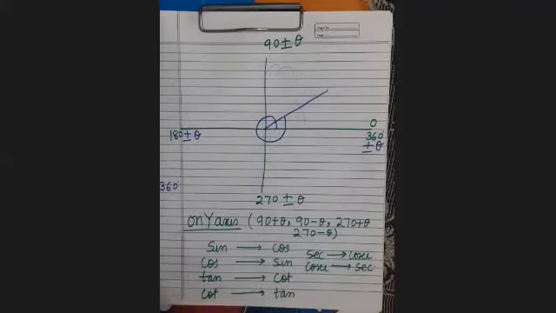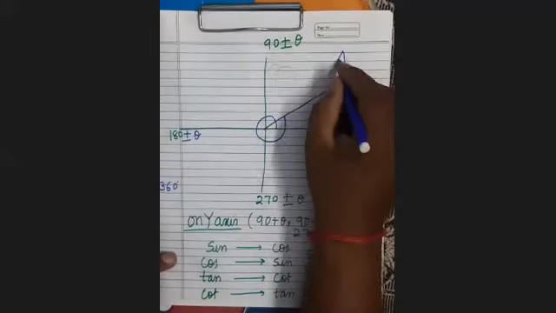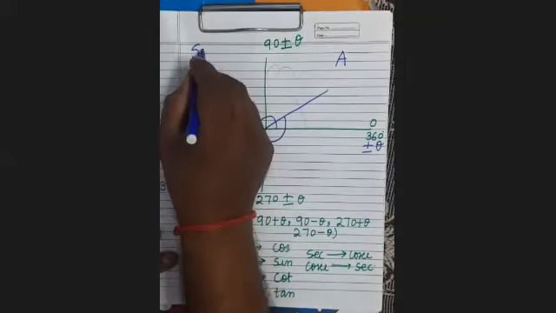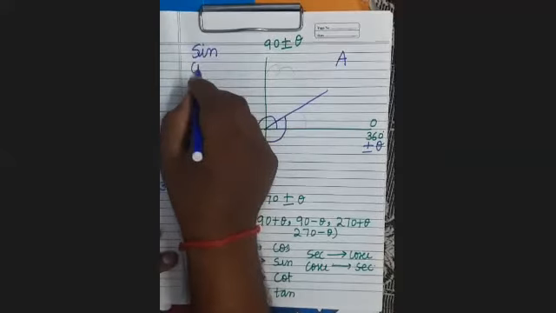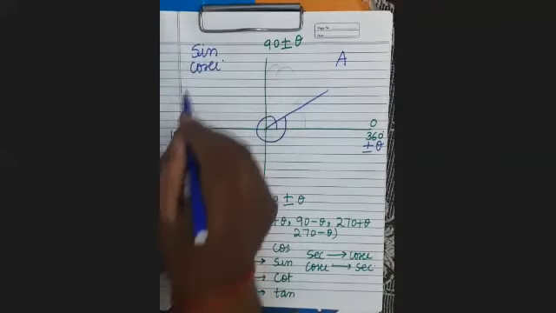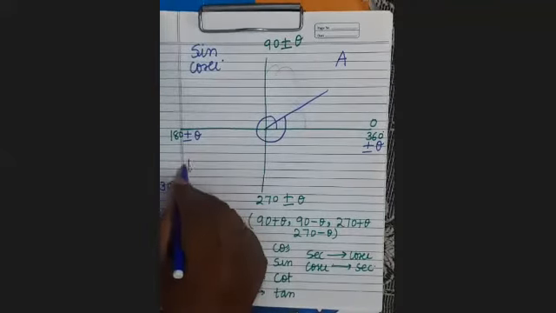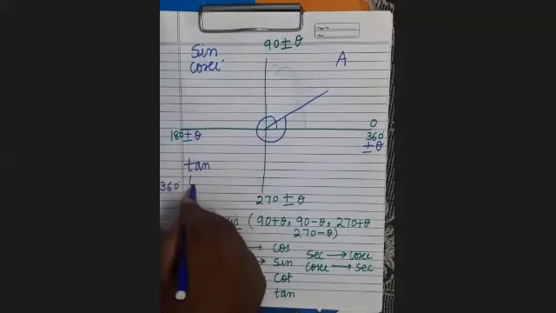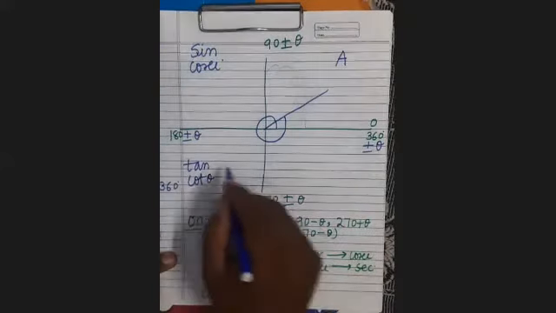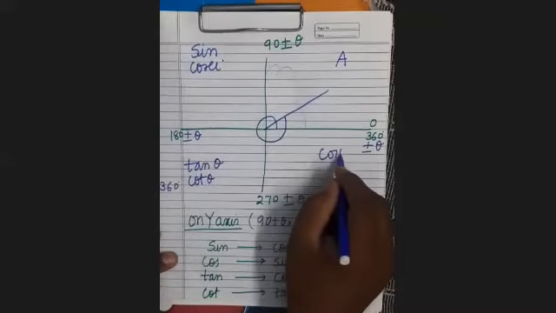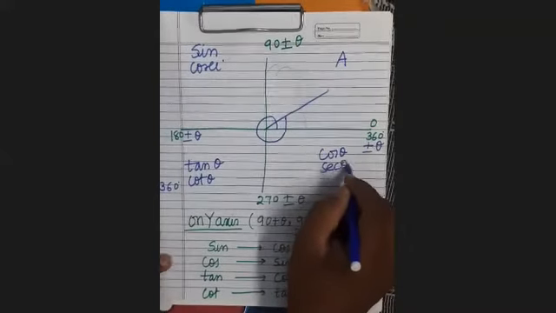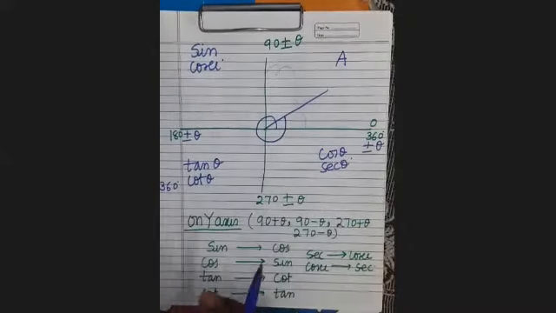Sign you will determine by this thing. यहाँ सभी पॉजिटिव है, यहाँ केवल कौन सा पॉजिटिव है? साइन एंड कोसेक. Here which one is positive? Tan and cot. And here which one is positive? Cos and sec.